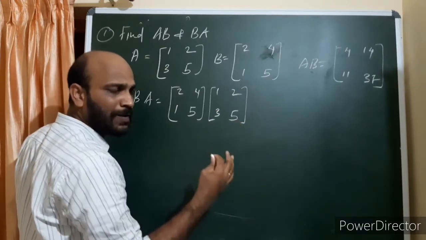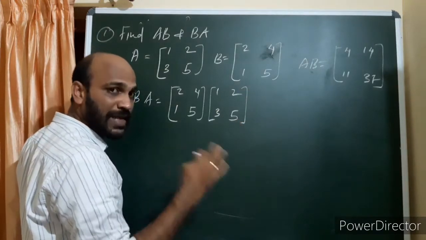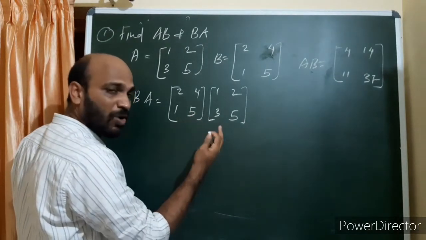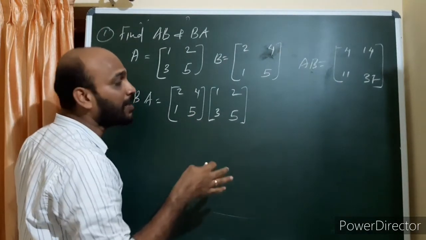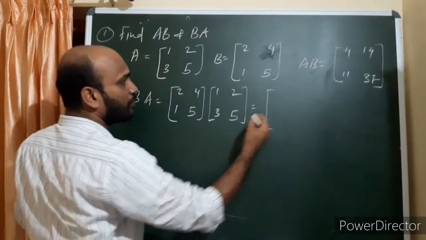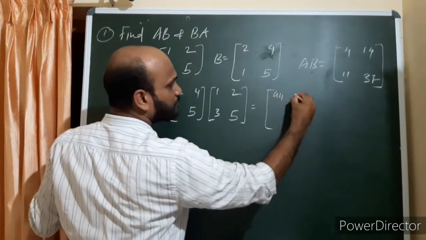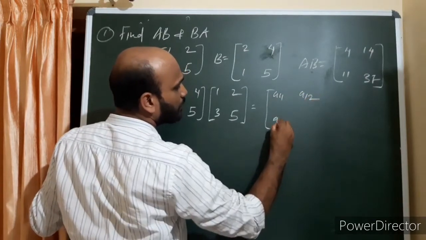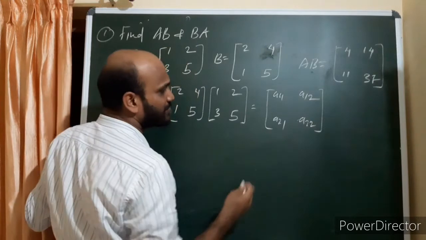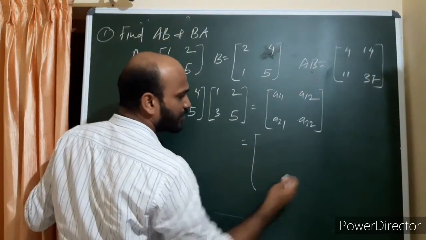These two we can multiply because the number of columns of the first matrix is equal to the number of rows of the second matrix. So now we will find the answer. First element is A11, A12, A21, A22. First we will write its structure. After that, you will find the answer.